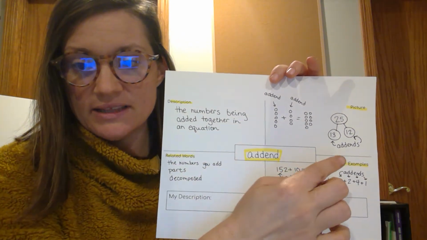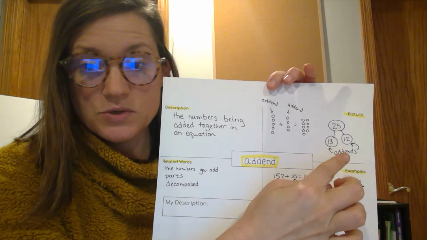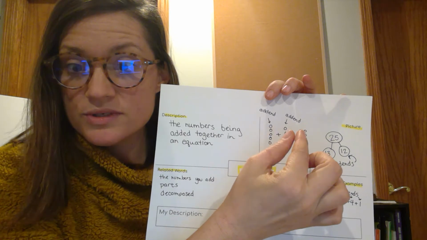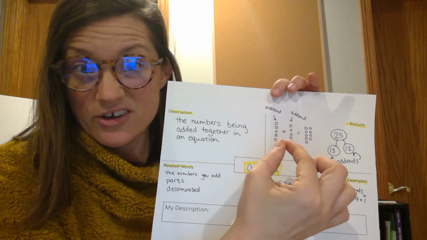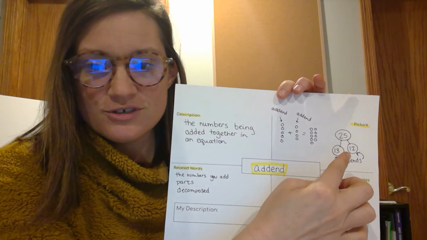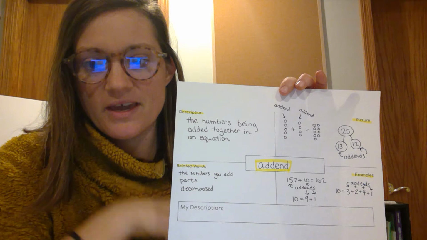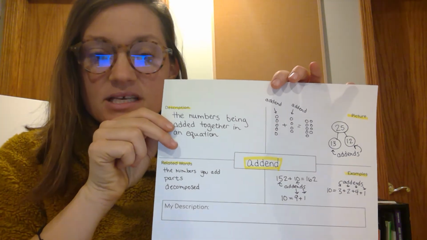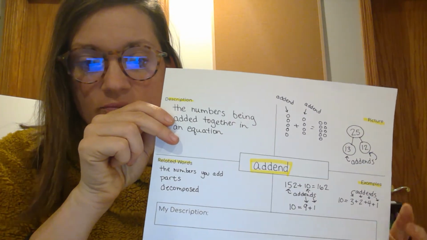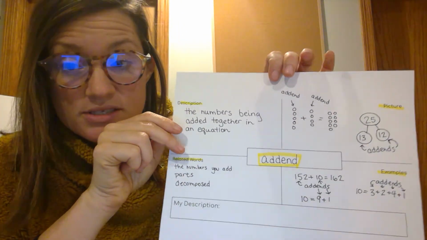Or if we think about it like a number bond, 13 and 12 composed together, or put together, is going to add into 25. So those numbers 13 and 12, those are the addends. Some related words would be parts.